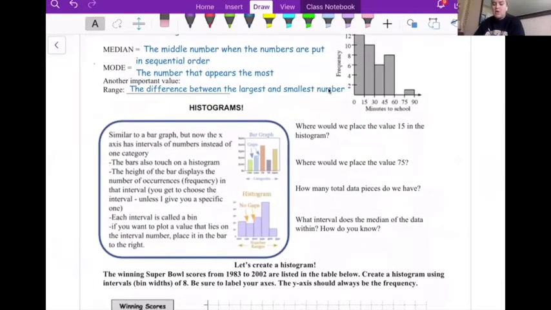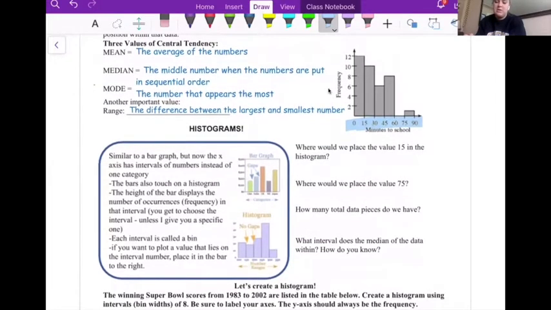So when we're looking at histograms, it's similar to a bar graph, but not. But now the x-axis is the intervals instead of the category. And so if you look up here, we have the interval. So from 0 to 15, all of those numbers would go into this bin.